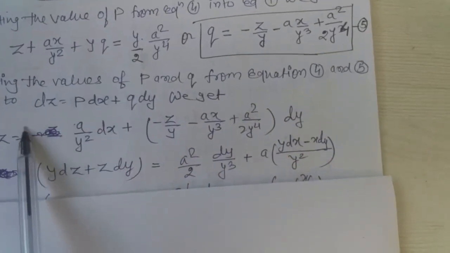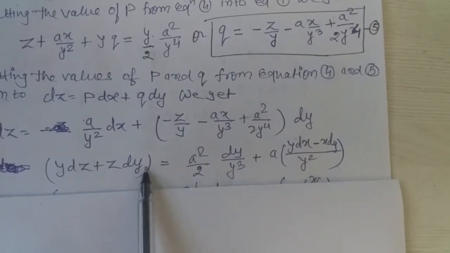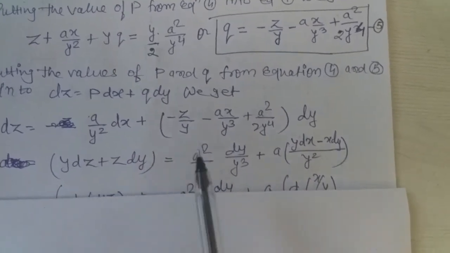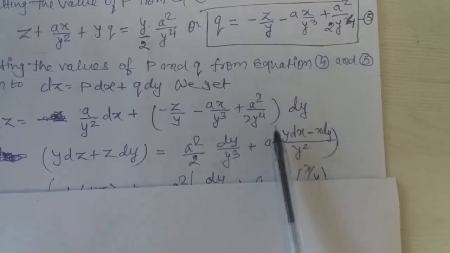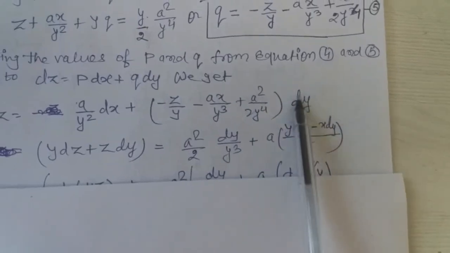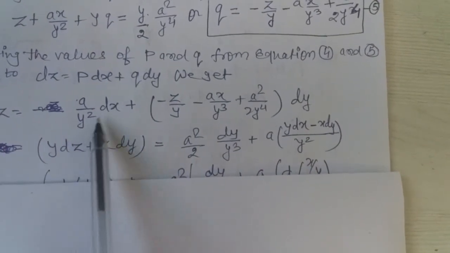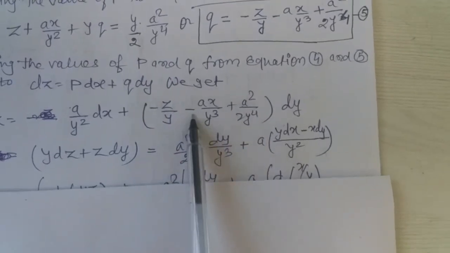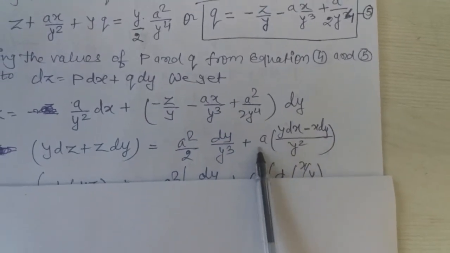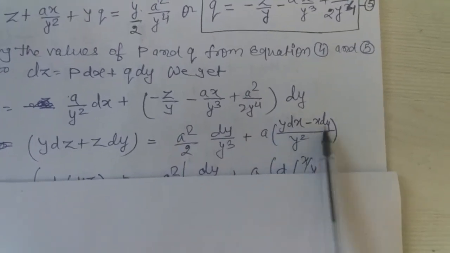So transfer it to the left hand side, so we get y dz plus z dy equal to, in this expression the variables are separated, and the remaining expression is a by y dx minus ax by y square dy. So a is common and y square is the LCM, so we get a times (y dx minus x dy) upon y square.